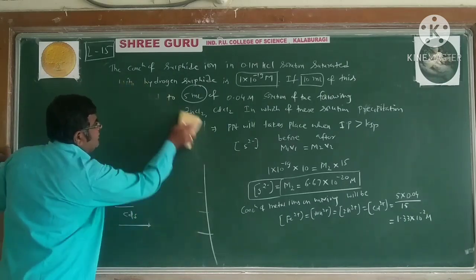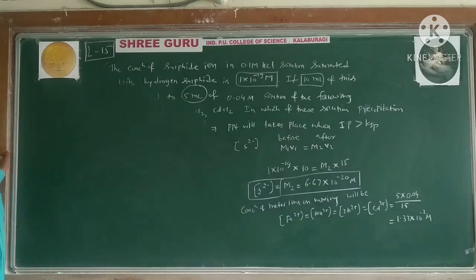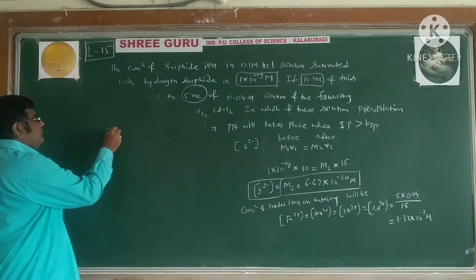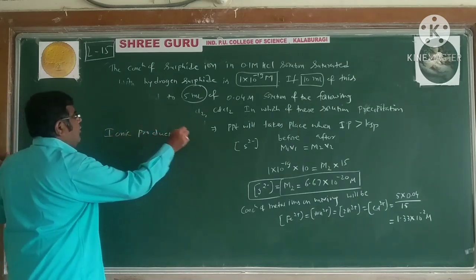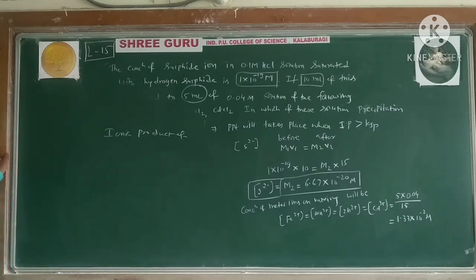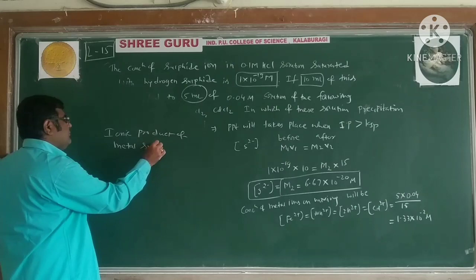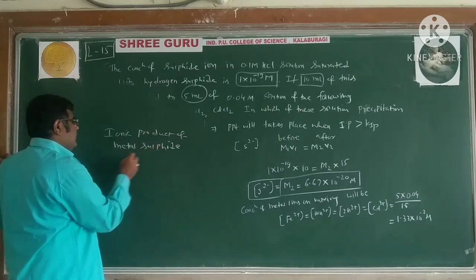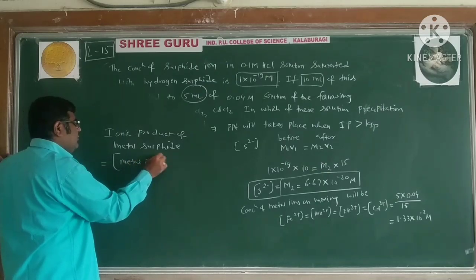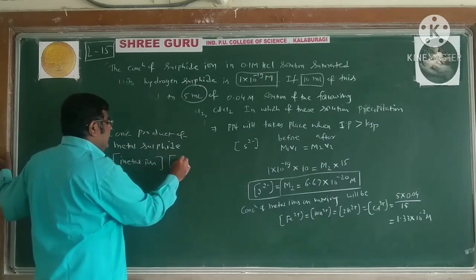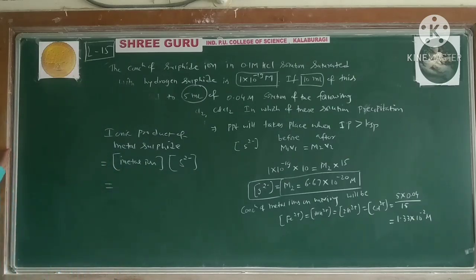We have right here ionic product of metal sulfide is equal to molar concentration of metal ion and molar concentration of sulfide ion.